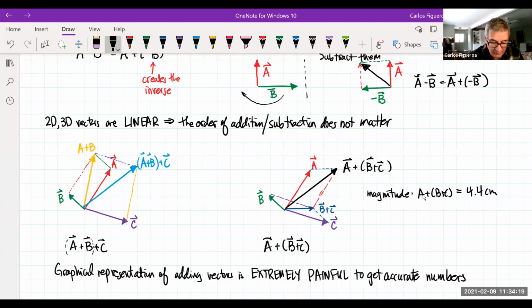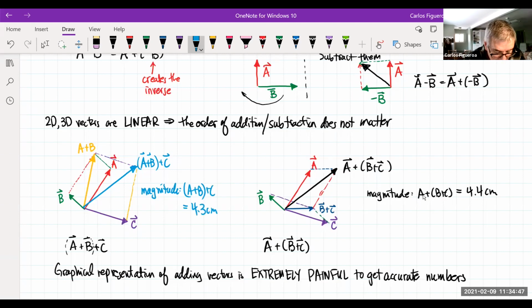Now, if I go look at the blue one over here and measure that guy, I'll be damned, it's not the same. The magnitude in this case, where I'm adding A plus B and then C, I'm getting a value of 4.3 centimeters.